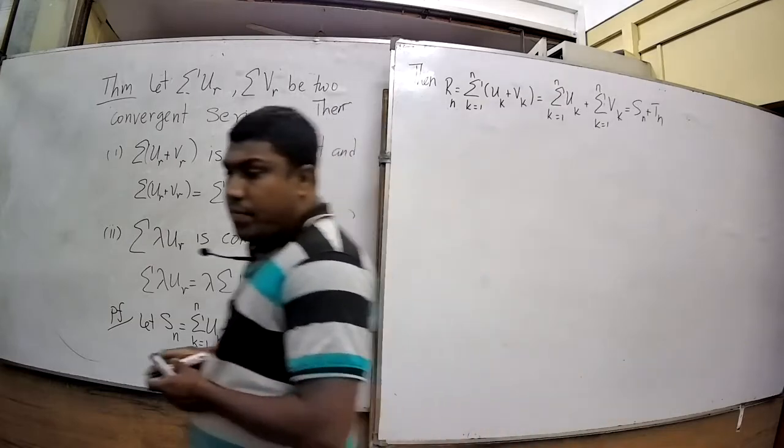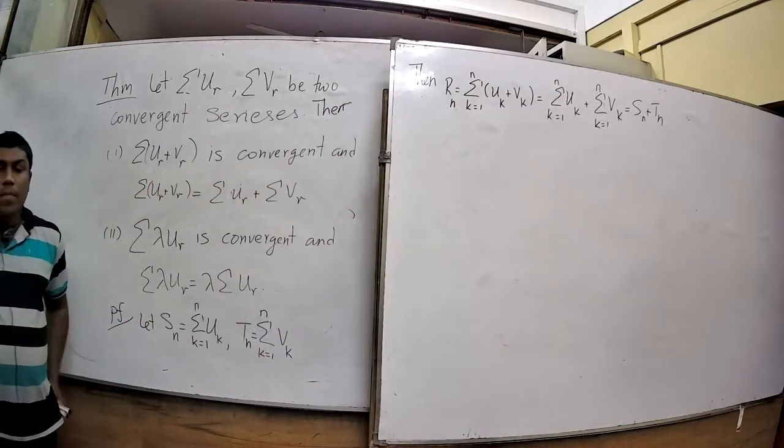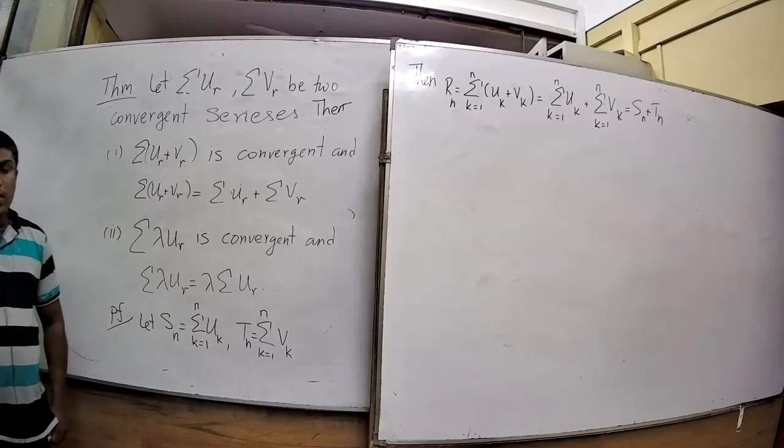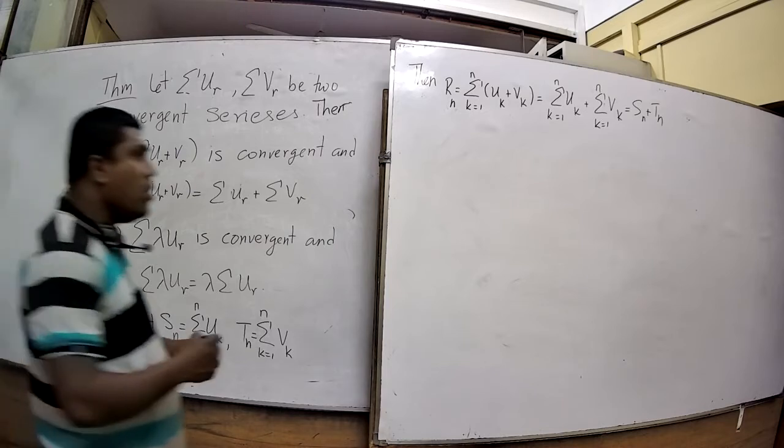So you know that the partial sum of u_n plus v_n is basically the sum for k running from 1 to n of u_k plus v_k, and that is basically the sum of S_n and T_n.